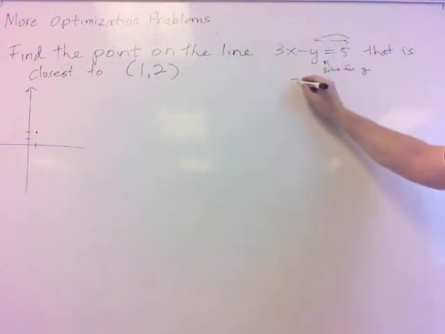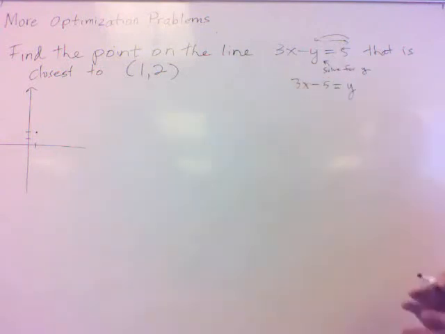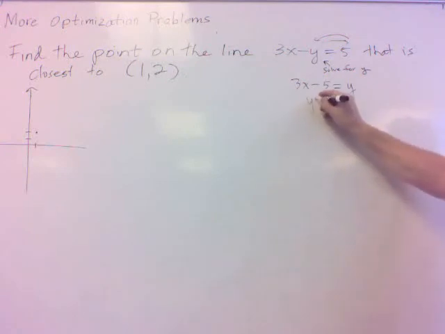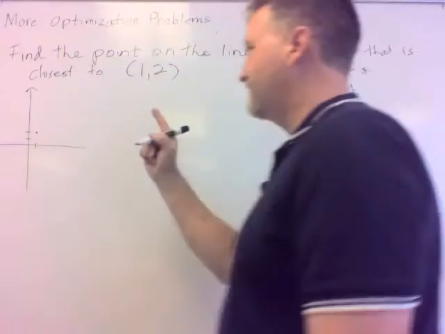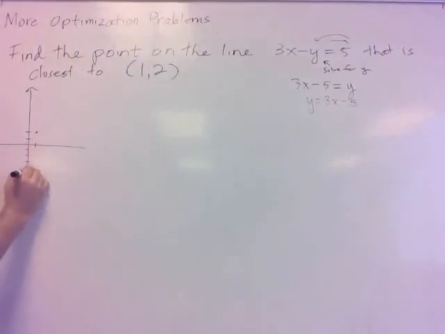That'd be 3x minus 5 equals y. So y equals 3x minus 5. That helps me graph it too, because that's a y-intercept of negative 5. Rise and run 3 to 1. So anyway, there it is.